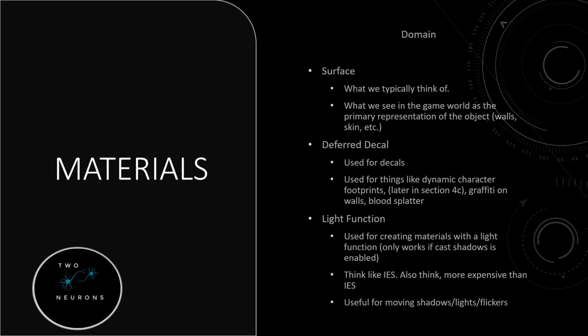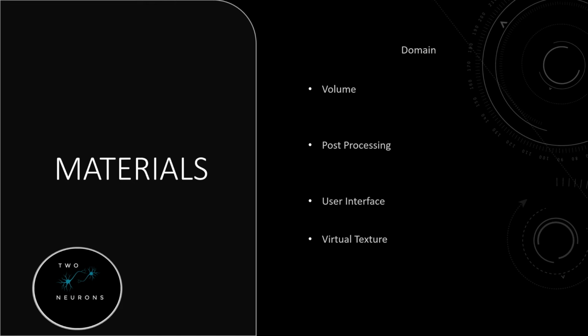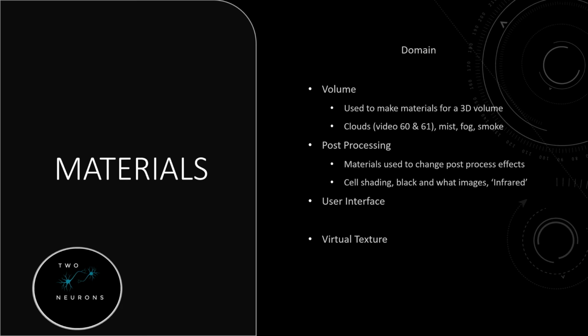And then we have 4 others, which are volume, post-processing, user interface, and virtual texture. So volume is used to make materials for a 3D volume, so clouds. And we'll see this in videos 60 and 61 of this series, mist, fog, smoke, things like that. Post-processing are materials that are used, well, for post-processing.